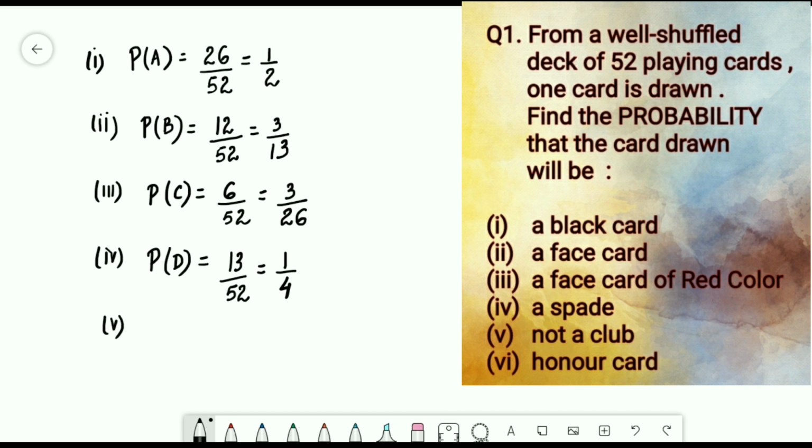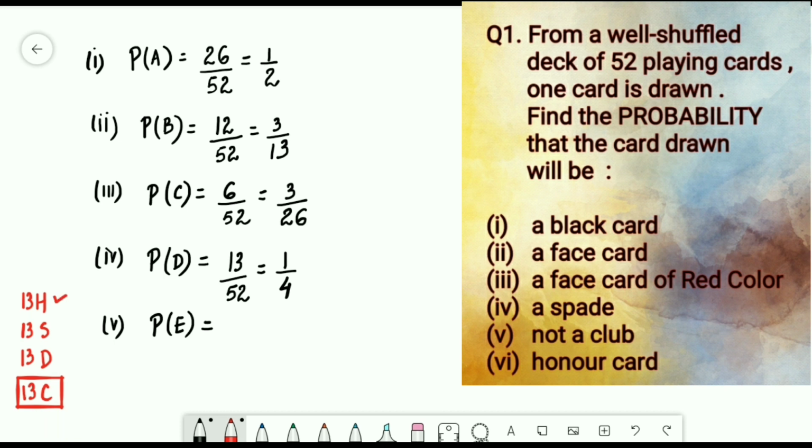Let's move to another part. Probability of getting not a club. Okay, now the question is, we have to select a card which is other than club. Okay, that means we can take a card from heart. We have 13 cards of heart, 13 cards of spade, 13 cards of diamond, but we cannot include any card from club.